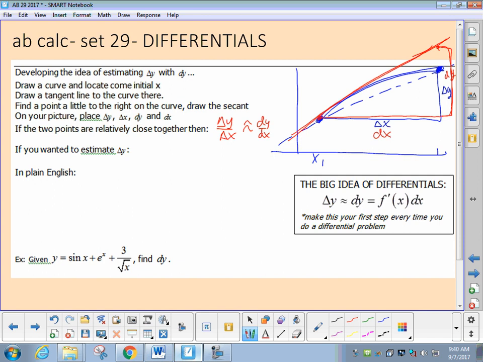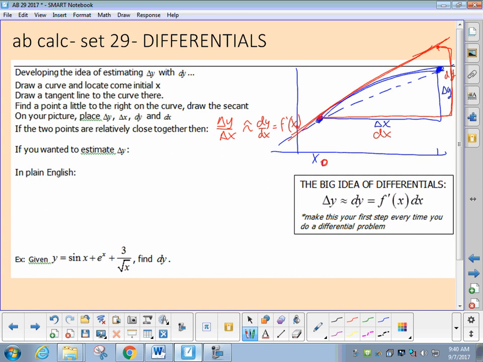And I'm just for the fun of it going to introduce that this is the same as the derivative at that. Actually, I'm going to call that x initial if you don't mind instead of x1. The derivative at that point. The secant slope between 2 points is pretty close to the derivative at that first point. You with me? All right.